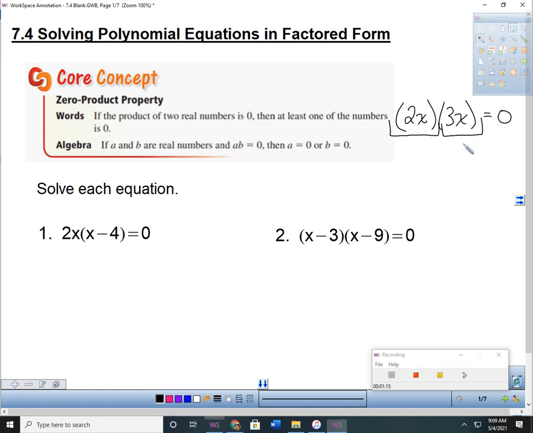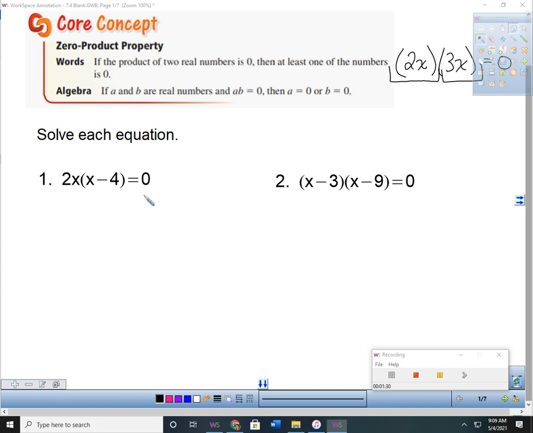This is important because if I'm trying to figure out what x is, then I could take that factor and set it equal to 0. So if you are looking at number 1 where it says solve each equation, you have a factor of 2x, and you also have a factor of x minus 4. It's telling you that when you multiply these two together, it equals 0. For that to be true, either this factor has to be 0 or this factor has to be 0.